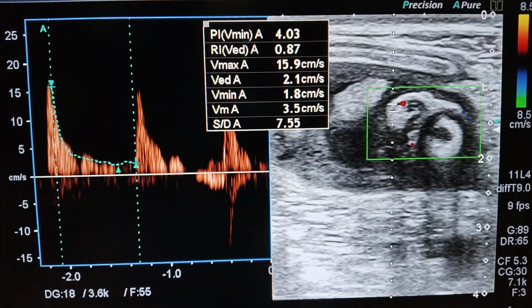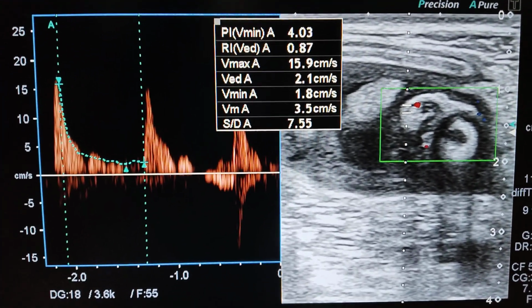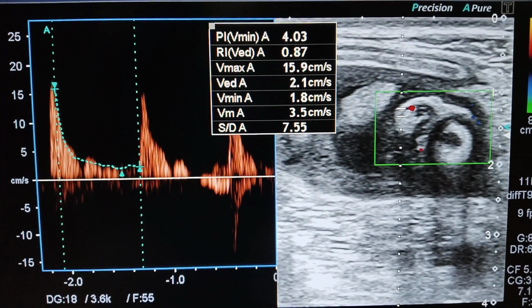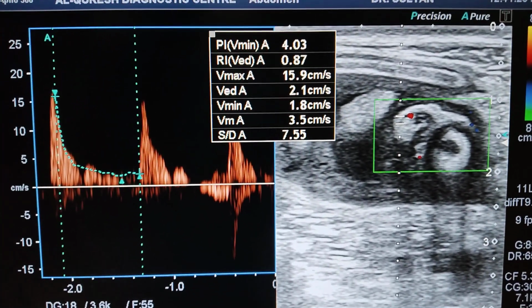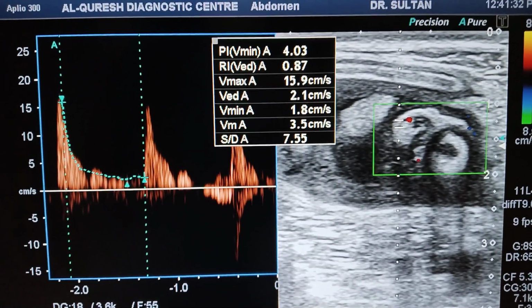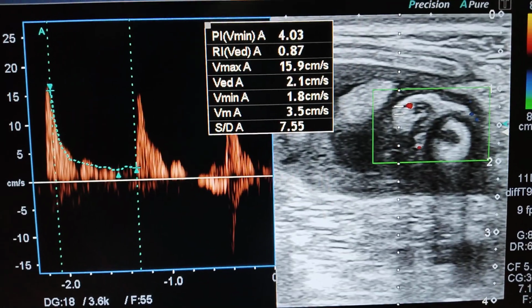If it goes on and the resistance is gradually increasing, one time will come when the appendicular artery may show reverse flow and then thrombosis.